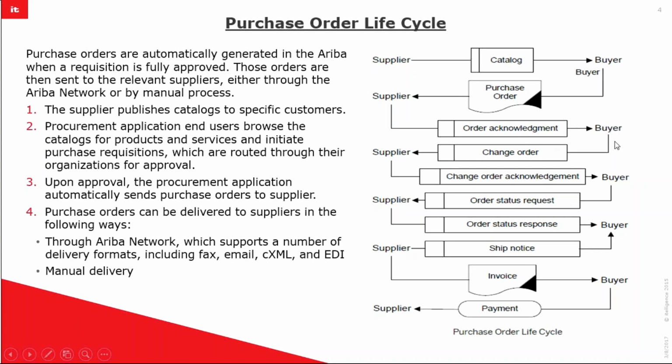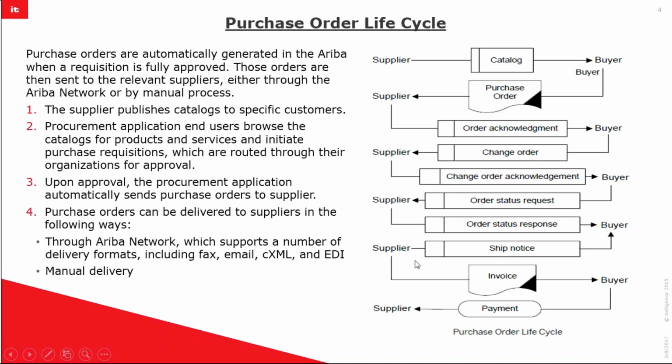Once the acknowledgement is done, if any change is required, the buyer will go for a change order, and it will again go to the supplier. He'll give the change order acknowledgement. Once that is done, the supplier will give the status of the PO, and the status of the PO keeps on updating.